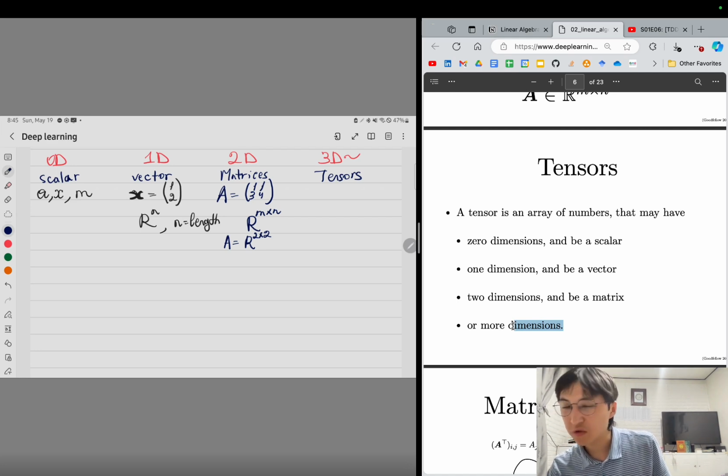And usually when we deal with linear equations and other equations in linear algebra, we use matrices and vectors. And tensors are more about dealing with higher dimensionalities, and it's just for practice, just for machines to do calculations.